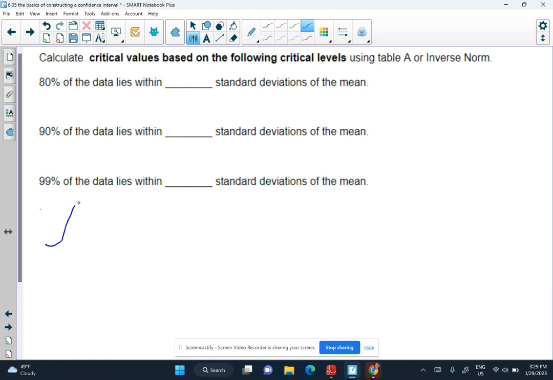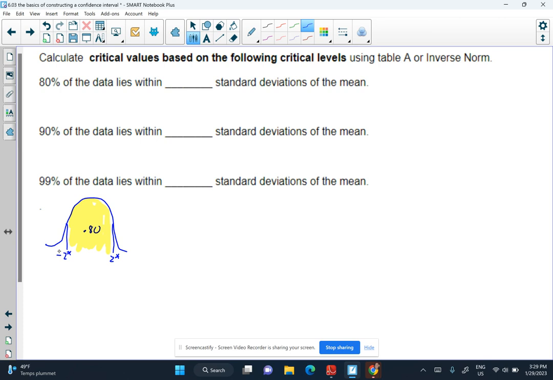And so we're going to make our bell curve, and we're looking at the middle 80%. I'm going to just shade. So we need these critical values, and they're going to be the same values, just opposite signs.